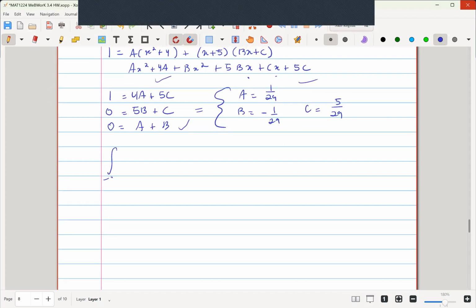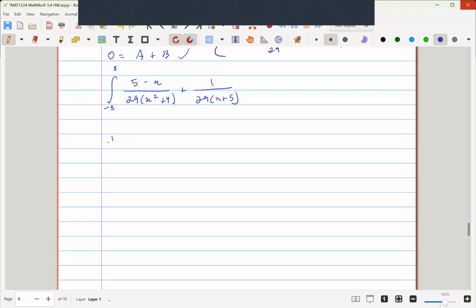Okay, so we can rewrite this as our integral from -3 to 3, 5 minus x over 29 times x squared plus 4, plus 1 over 29 times x plus 5. Alrighty. Now we factor out the constants and add another integral.